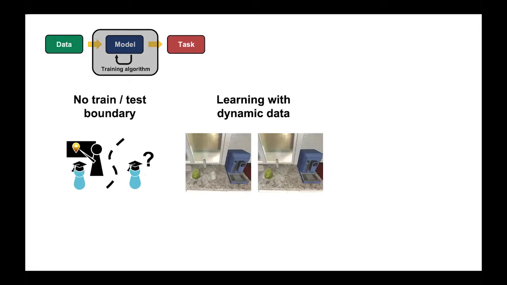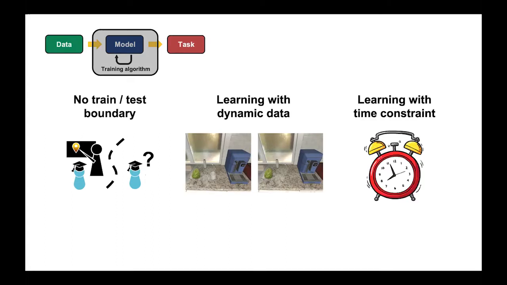Also, we need to learn from dynamic data. Our environment keeps changing, and we need to learn from that. And sometimes we need to adapt according to a time constraint. So there is a specific budget, and we have to learn within that budget.